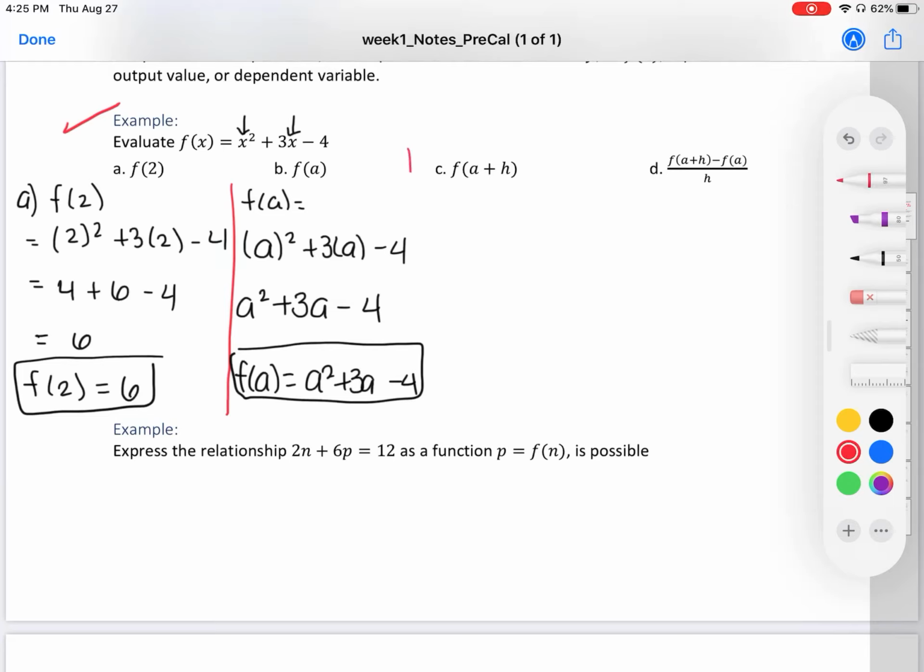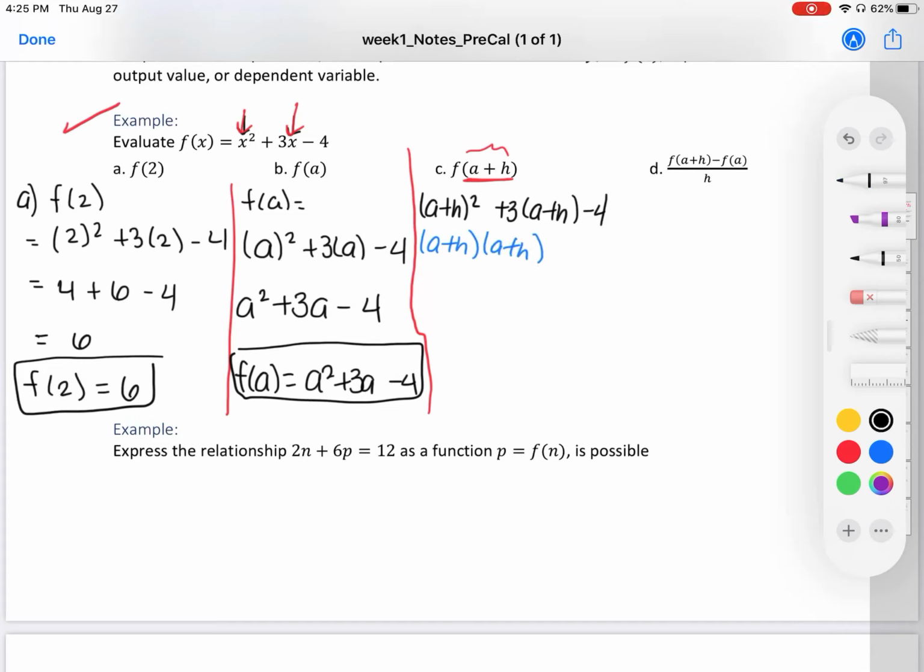All right, let's take a look at C. f of a plus h. This means for every x, I want to plug in a plus h. Now remember, we have an x here and here. So we have (a plus h) squared plus 3 times (a plus h) minus 4. Just to emphasize, we know (a plus h) squared means (a plus h) times (a plus h).